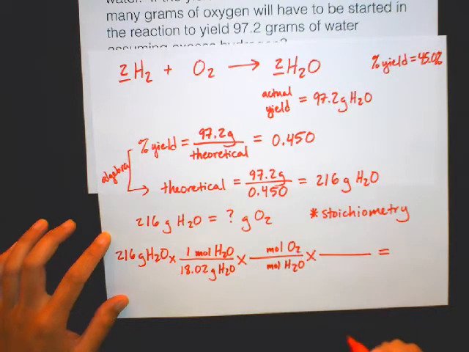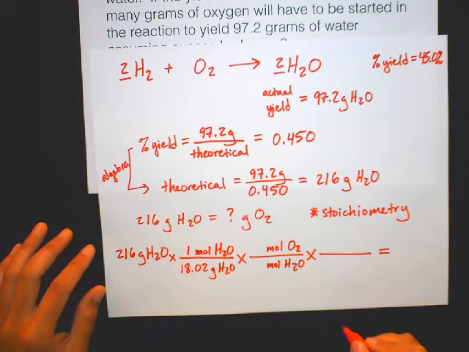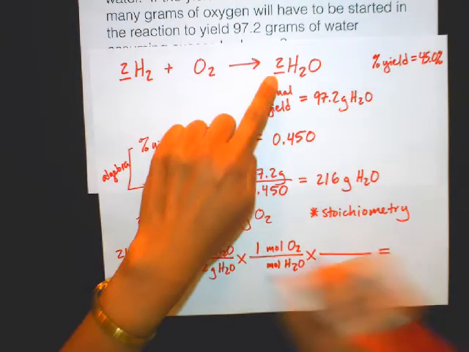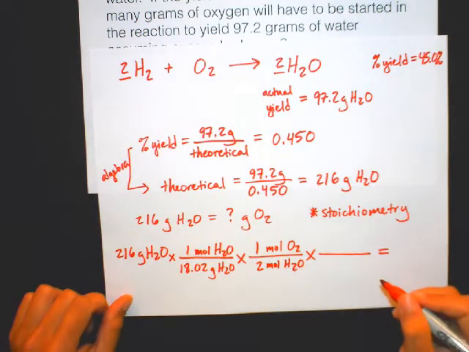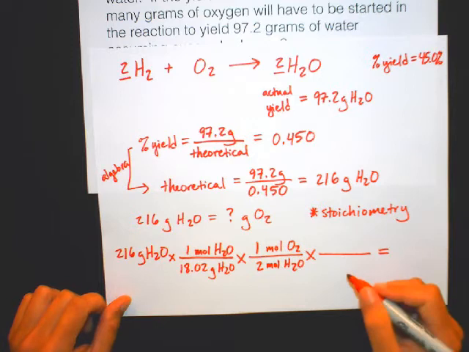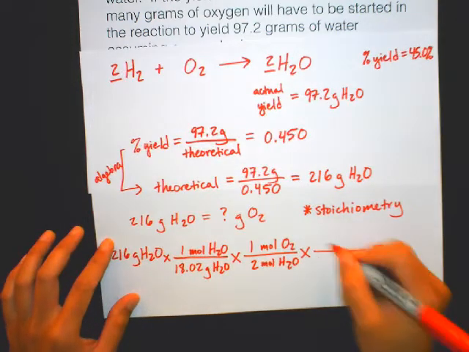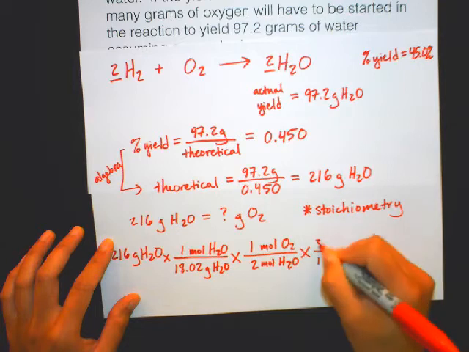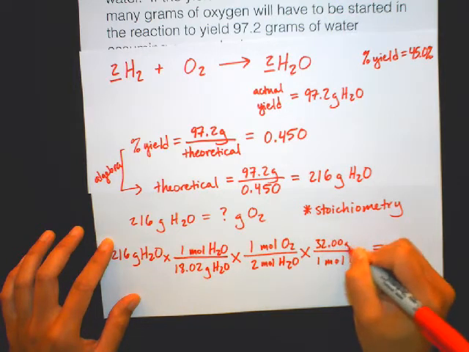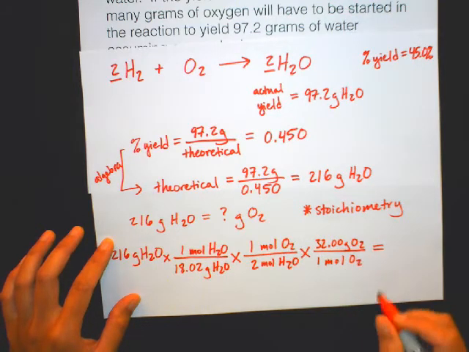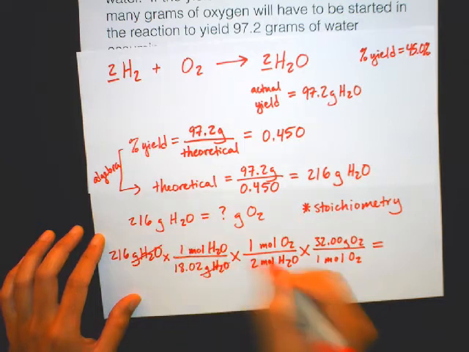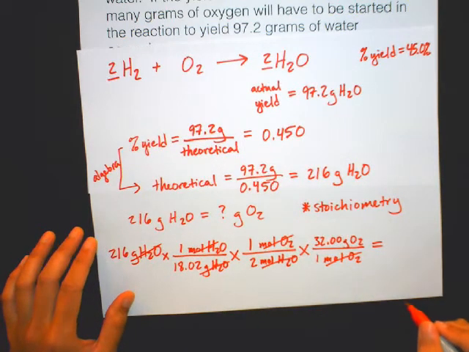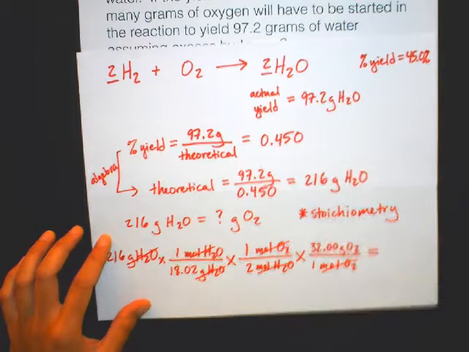Okay, so molar mass. Then we need a mole ratio, and we want oxygen. So remember, we get those numbers from our balanced chemical equation. So 1 for oxygen, 2 for water, and then the last one, we would need the molar mass of oxygen, which is 32. Units cancel.